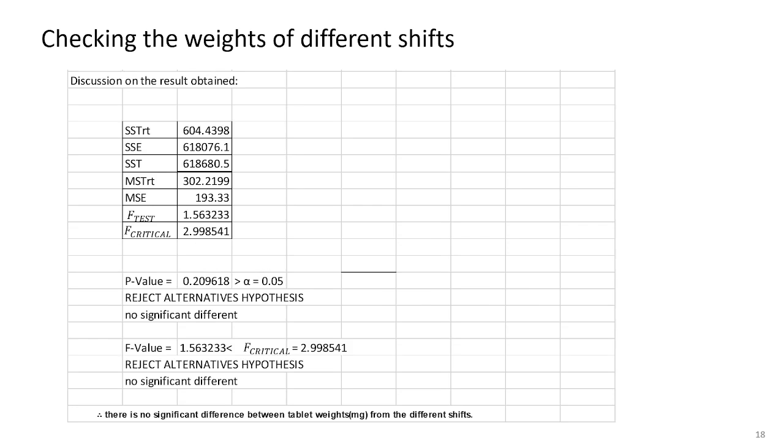From the p value and the f value we can say that as the p value is greater than alpha, in the comment it is reject alternative hypothesis, so no significant difference, and the f value is less than f critical, so we reject the alternative hypothesis, so no significant difference.